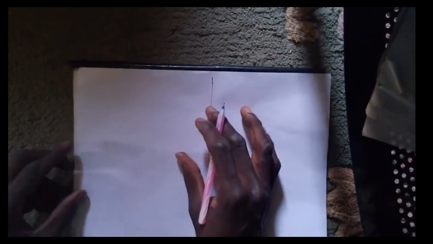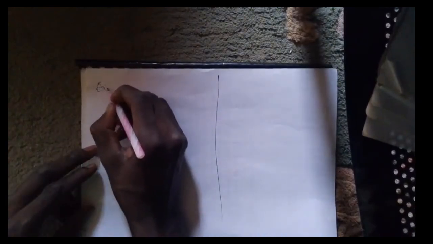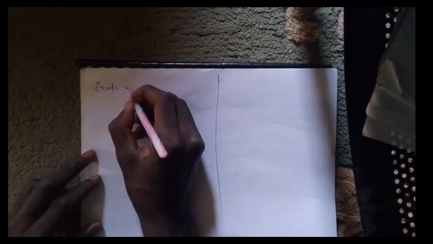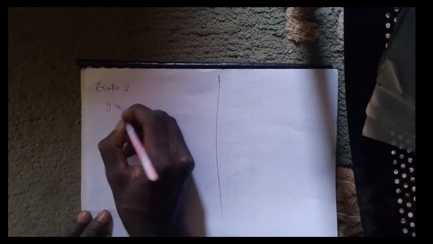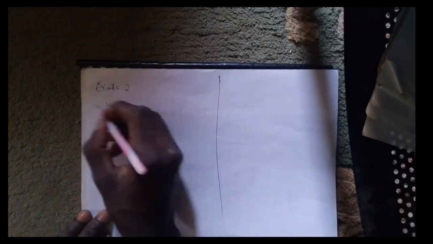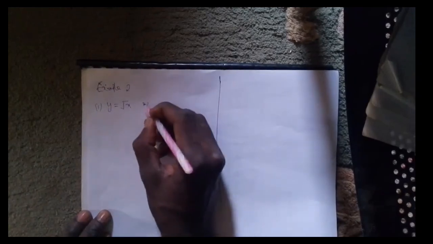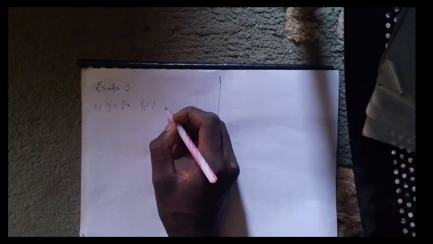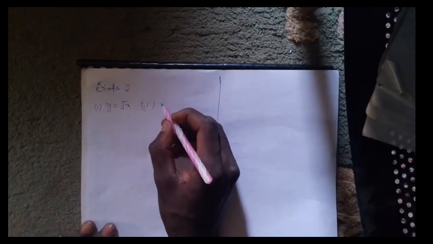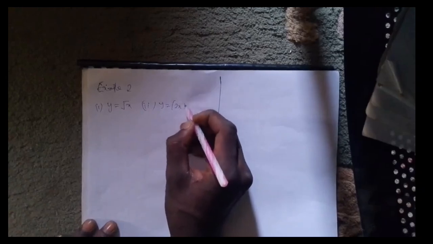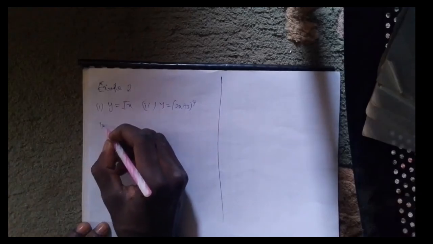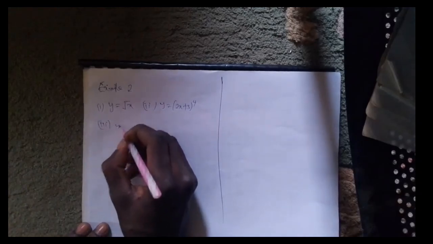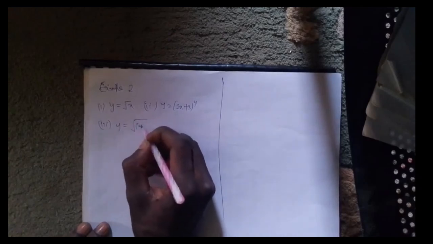Let's say example 2. Let's say 1 is y is equal to root x, and then 2, y is equal to 2x plus 3 power 4, and then the last one, 3, y is equal to root 4x minus 1, right?